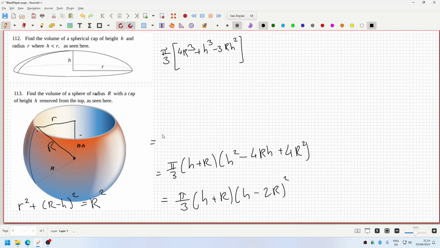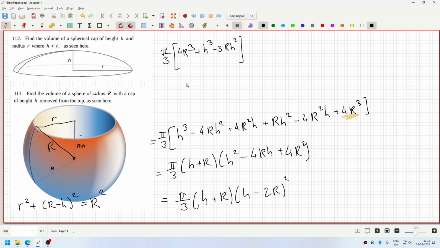And that would have been pi over 3 times h cubed minus 4rh squared plus 4r squared h plus rh squared minus 4r squared h plus 4r cubed.